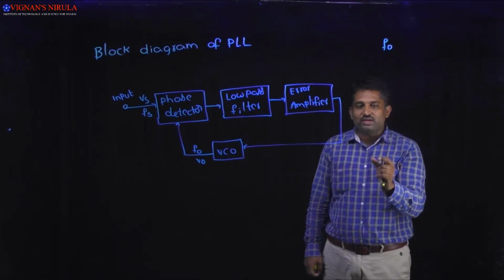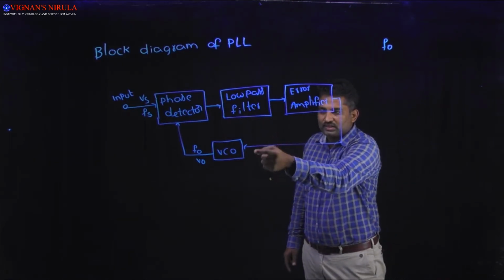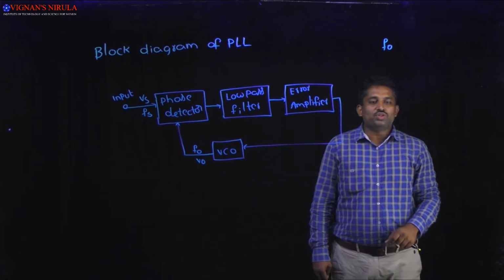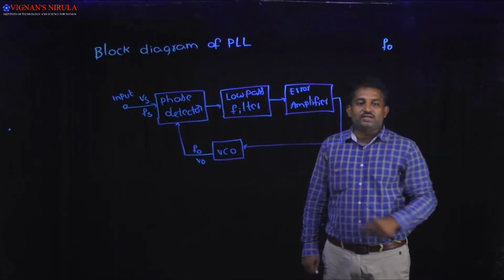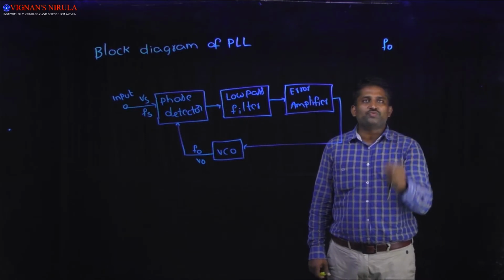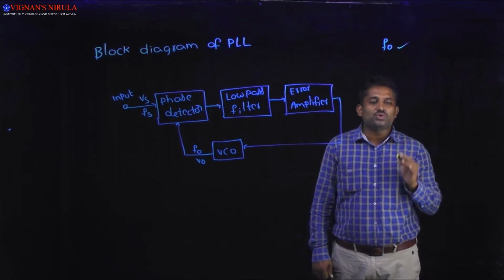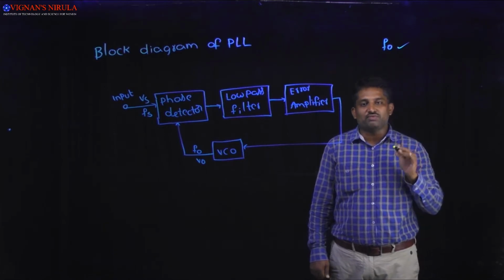Whenever no control voltage is applied at the input of the VCO, it operates as a free running oscillator, whose output frequency is F0, which is also called the center frequency.